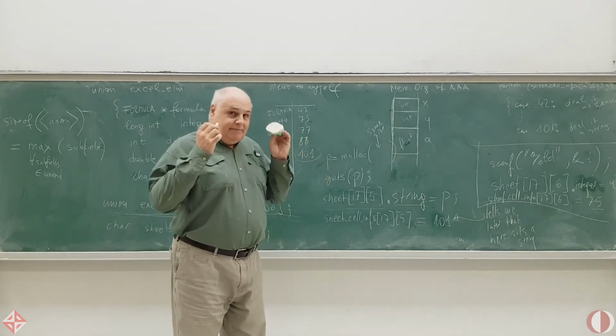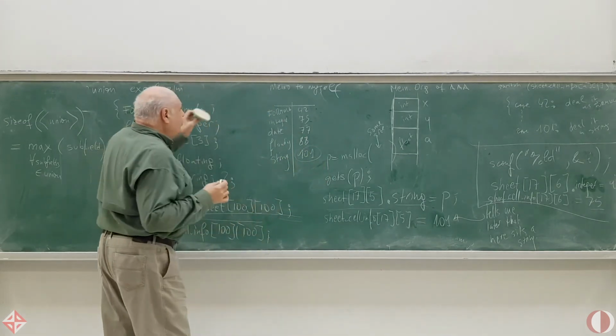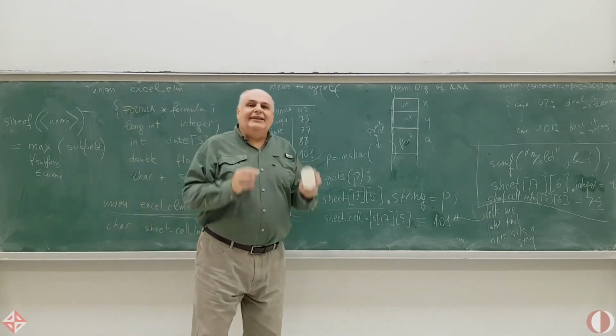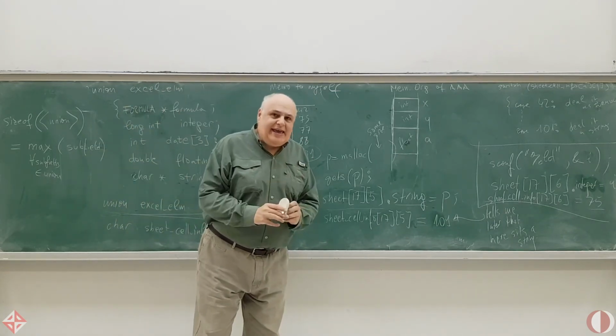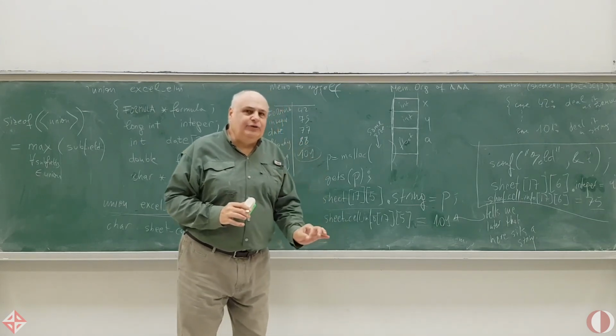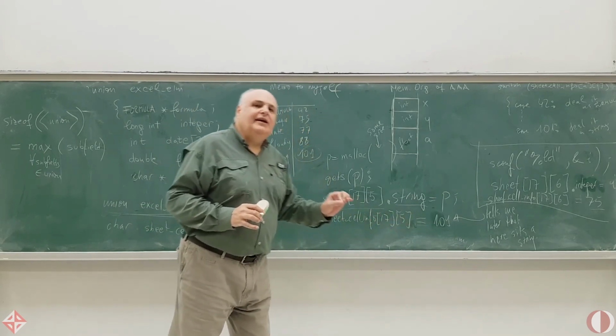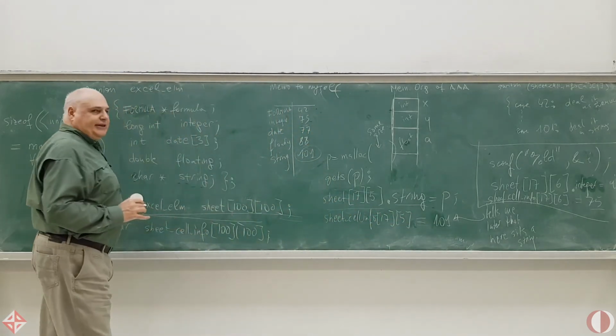Just remember, any time you deal with a union, there is no way that the C system tells you which way you have accessed the union.